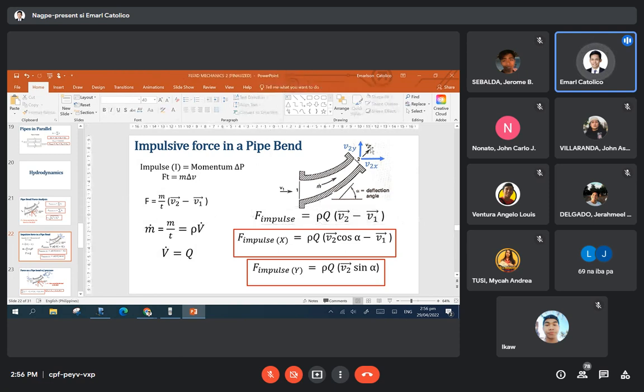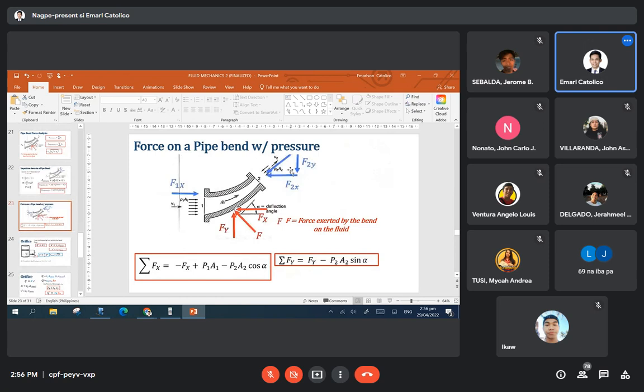So kapag i-consider mo yung x, nasaan yung x natin? Andito siya, no? Pahorizontal. Okay, formula natin is density times Q, V2 cosine alpha minus V1. Kapag Y naman, sine. Okay? Density times Q, quantity V2 sine alpha.